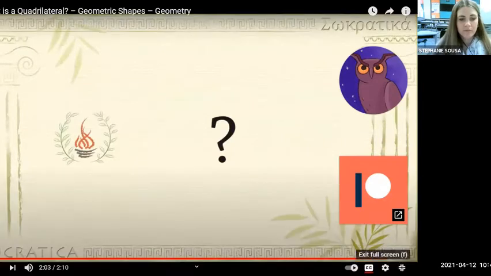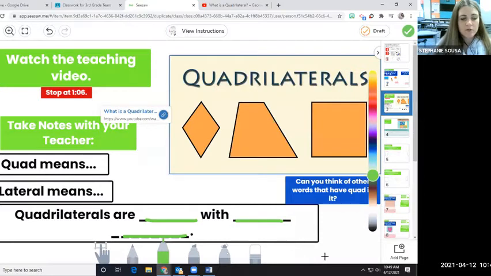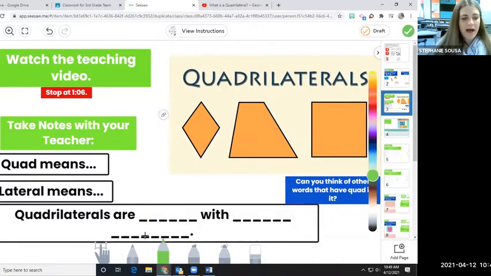All right. Now we are going to take a look back at our Seesaw and record those notes. Ready? Quad means, if you were listening to the four times I played it, you would have heard that quad means four. A quadruped is an animal with four legs.